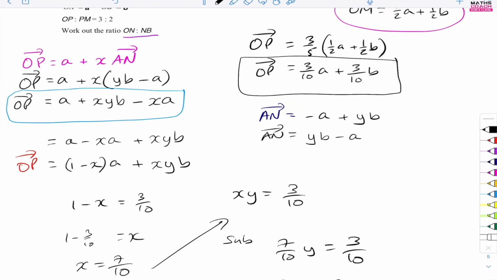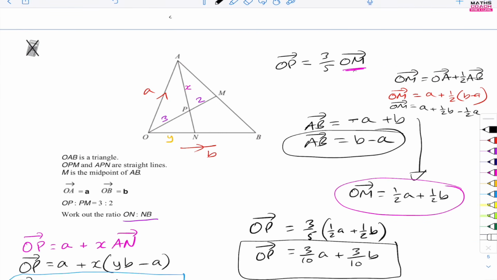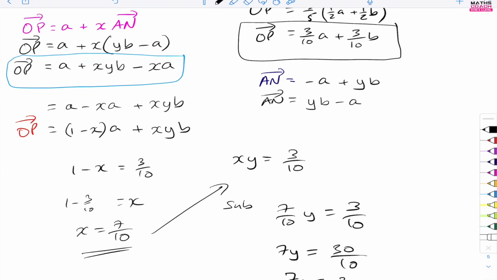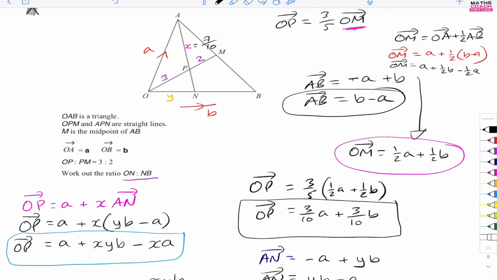Let's go back up and see what they were both referring to. So x was 7 over 10, and y was 3 over 7.